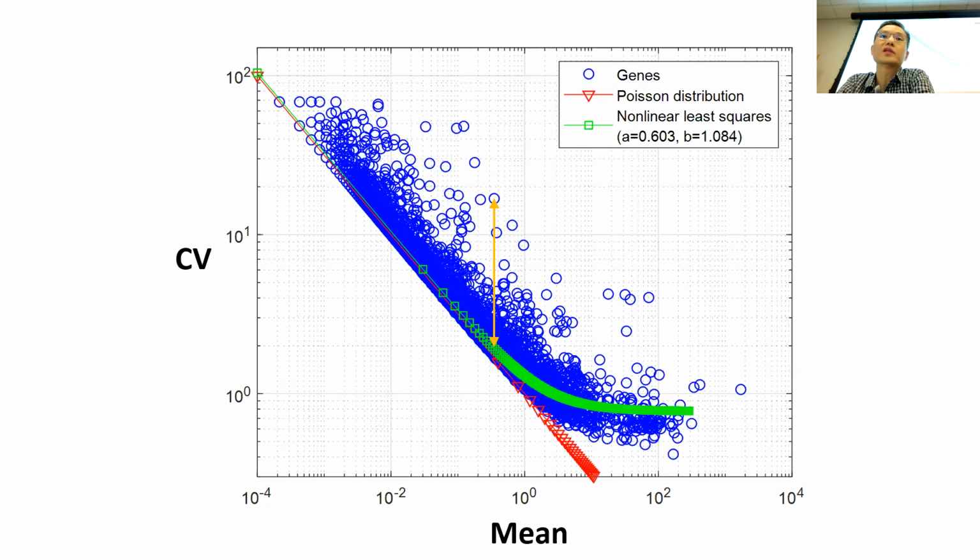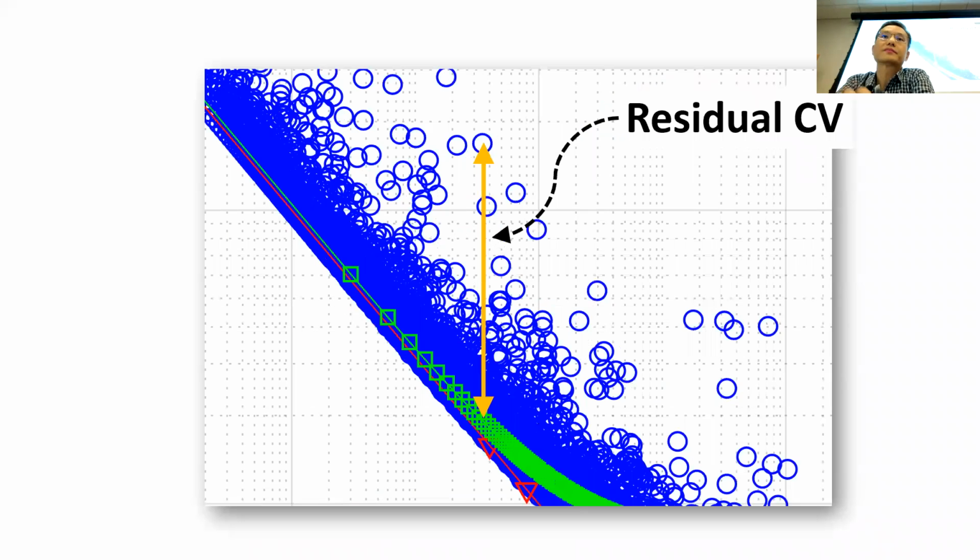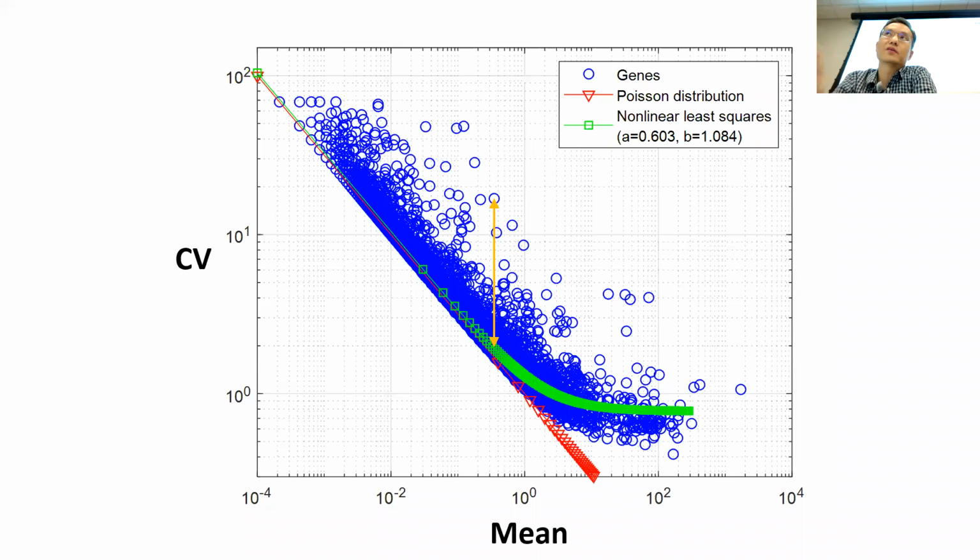So we can do this for all the genes, look at their difference from the gene to expectation, which is regressed using either the red line or the green curve. We actually use the green curve, because the green curve fits the overall values better, especially for those highly expressed genes at the right side here.